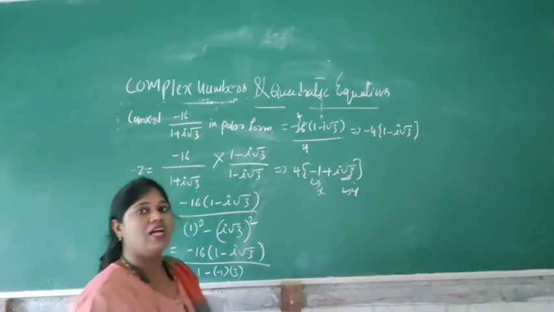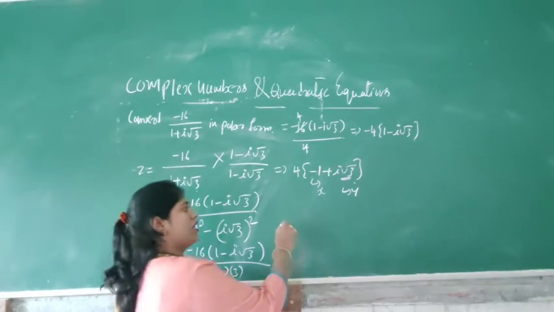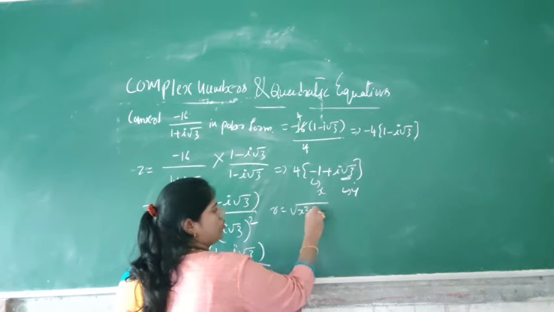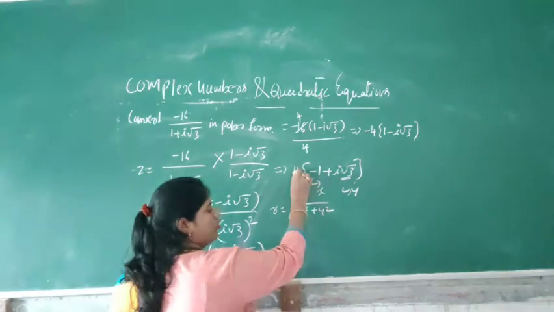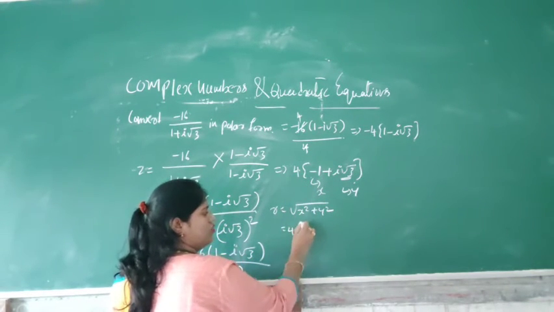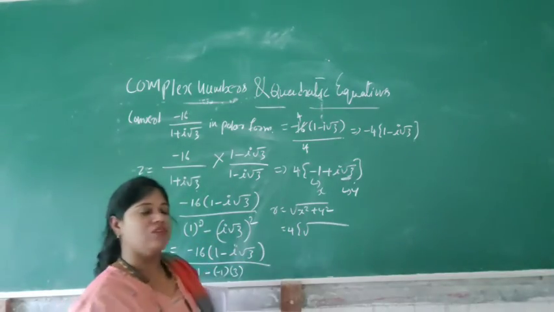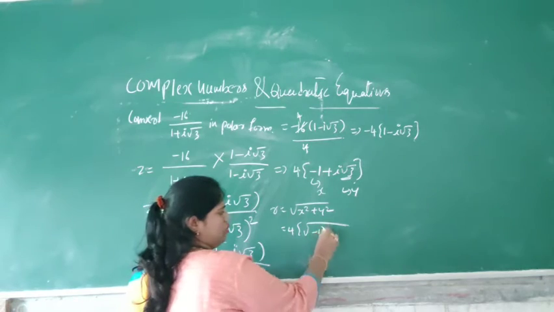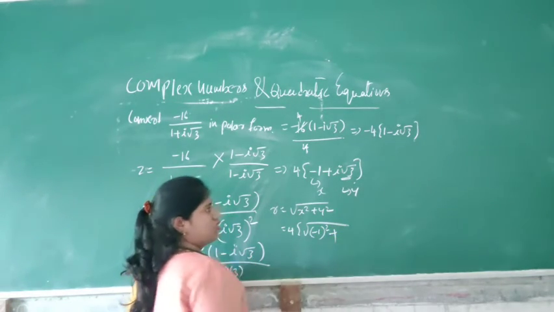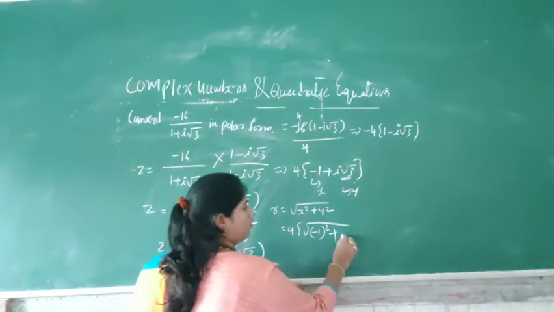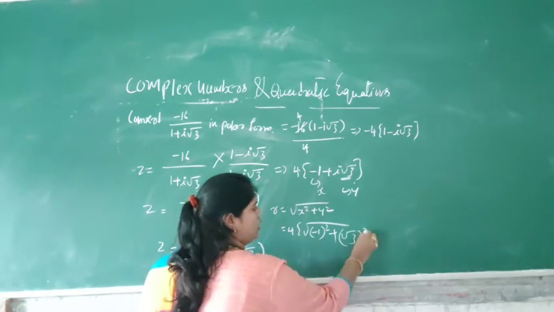What is the radius formula? Radius r equals the square root of x square plus y square. You keep 4 as it is. After this, what is the x value? X is minus 1 whole square plus y is root 3, y square is root 3 whole square.